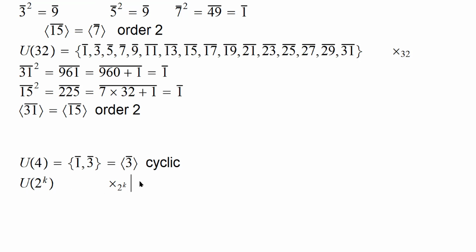So if I look at this for k greater than 2, a positive integer k greater than 2, then we may try to see that none of these will be cyclic, like U8, U16, U32 we already saw.